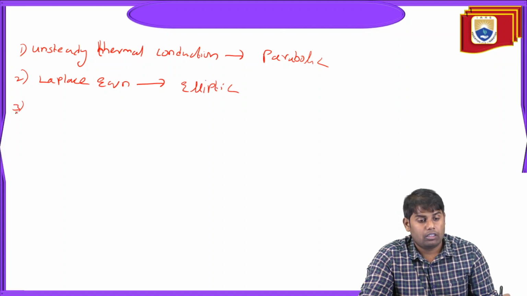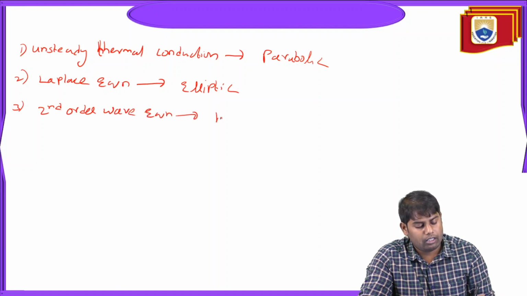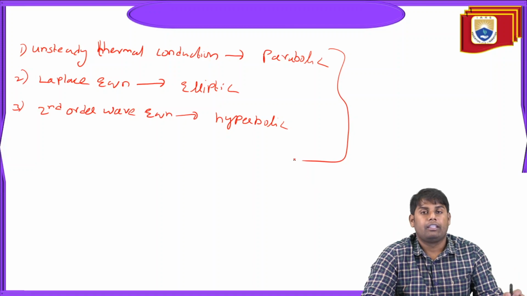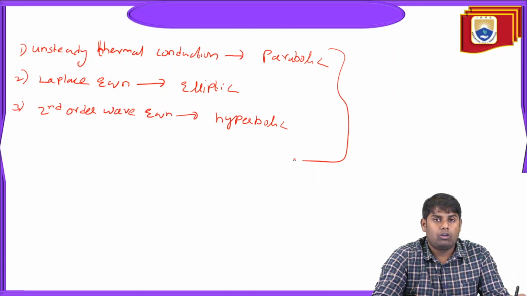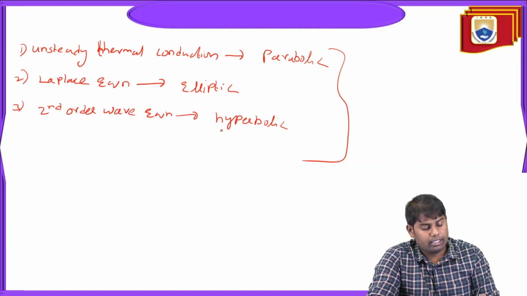Third, we have the second order wave equation, which comes under hyperbolic. So we have these three, and we have proved it. With this, let us see what is hyperbolic.